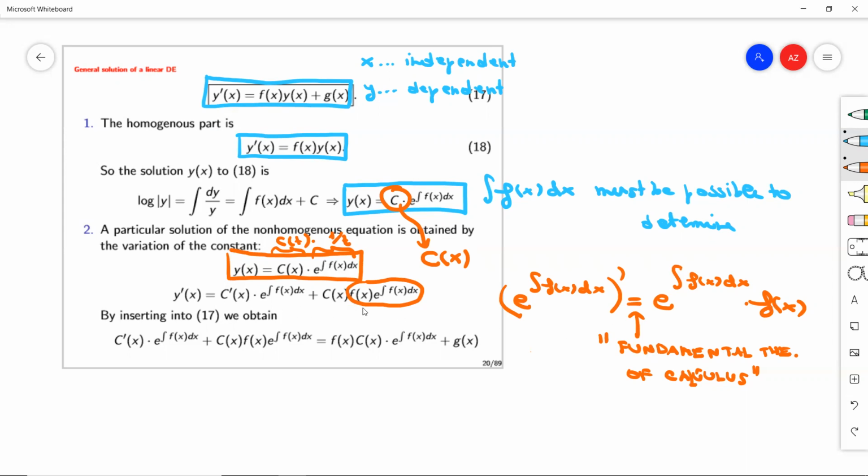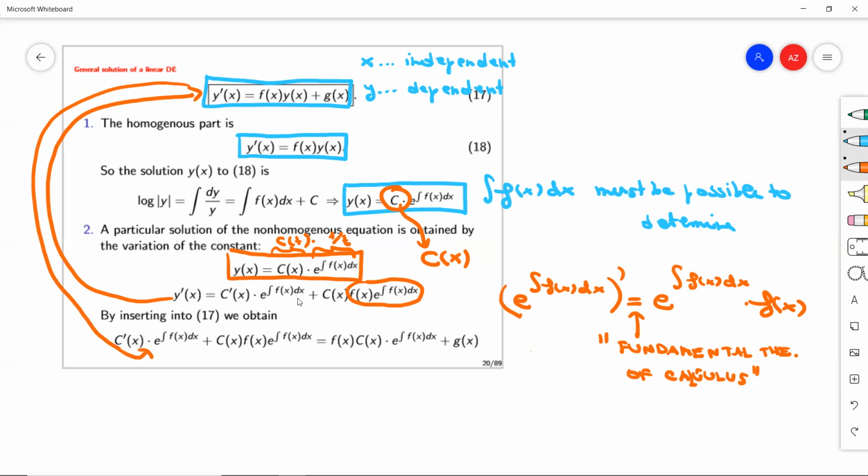And now we plug this derivative into the initial equation. So what we get is this line here. And as you can notice, the second term of the derivative is the same as the linear part of our differential equation.